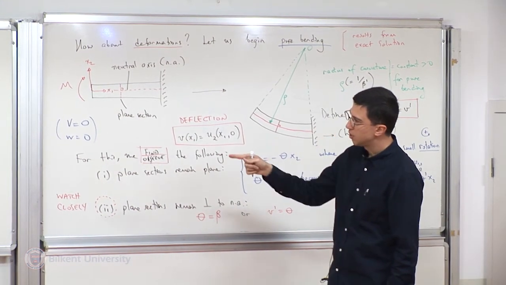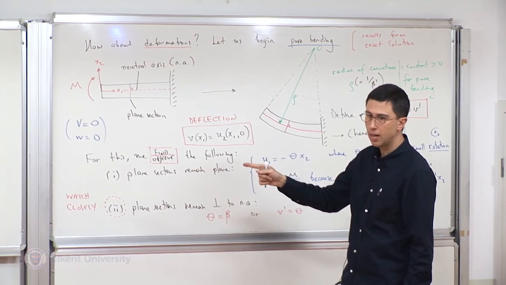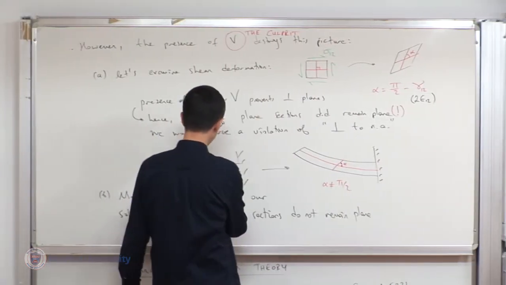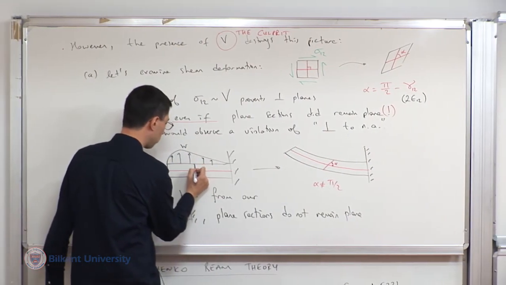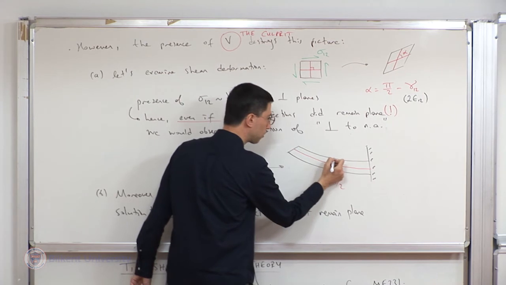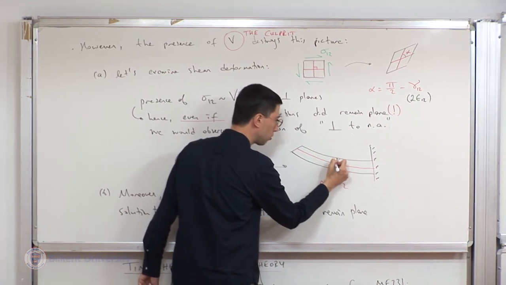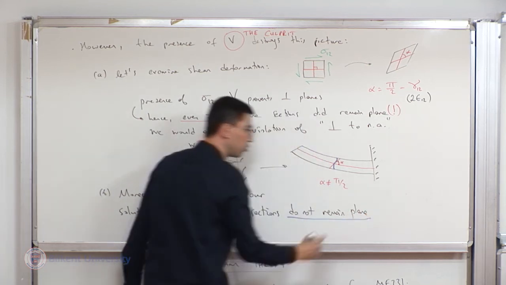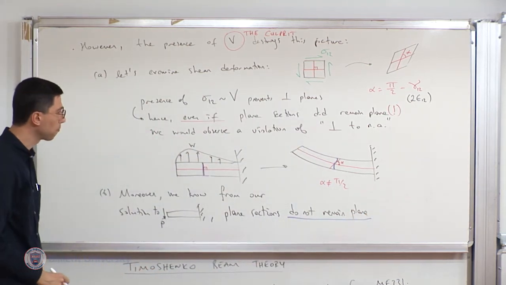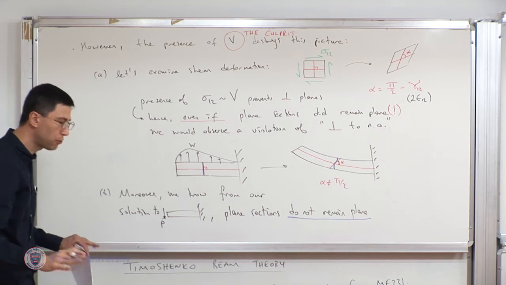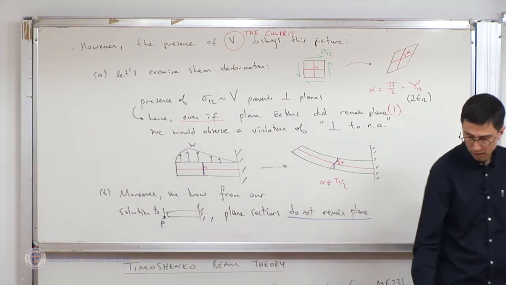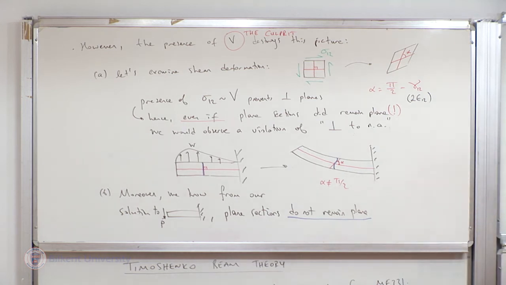And eventually, in our solution, we had observed a cubic dependence on x2, which means that if this is the original line, I'll draw it again with a blue, after deformation it's going to look something like this. That's because plane sections do not remain plane. So the presence of shear force destroys this picture completely. That is the message that we get from all of this discussion.